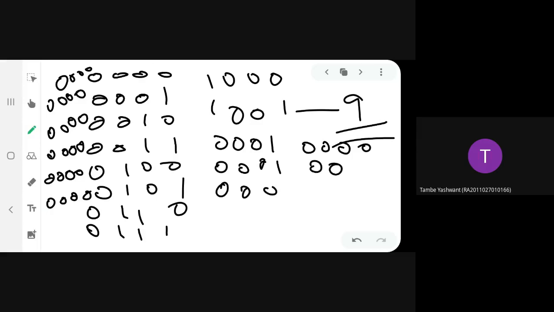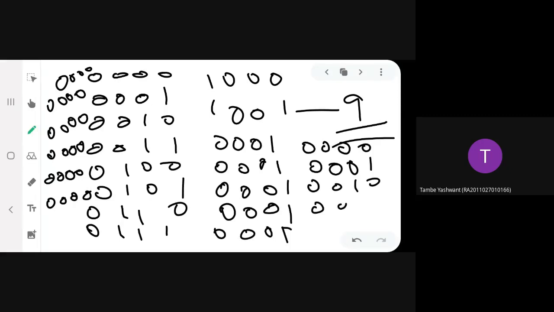Always it will be 0, 0, 0, 1 here. So you are grouping binary numbers in groups of 4. So 0, 1, then 0, 0, 1, 0, 0, 0, 1, 1, 0, 1, 0, 0. The sequence will get repeated. Next set of 9 groupings will be 0, 0, 1, 0, then 0, 0, 0, 0.